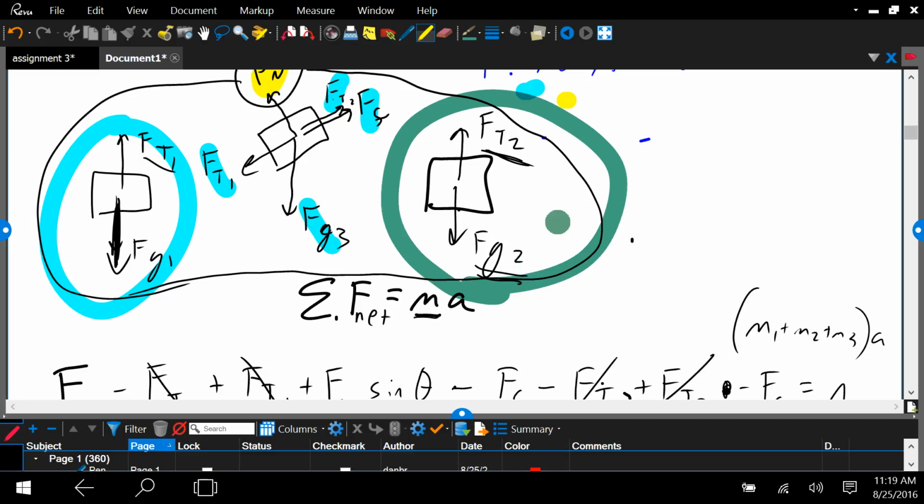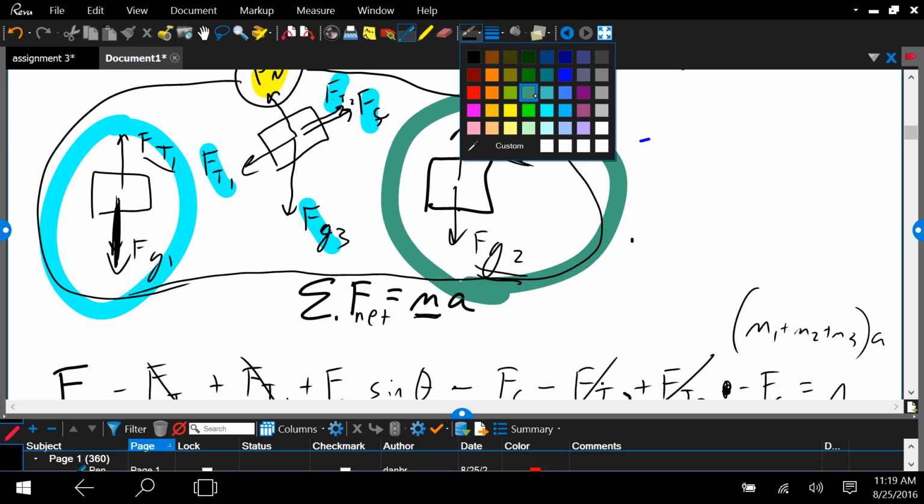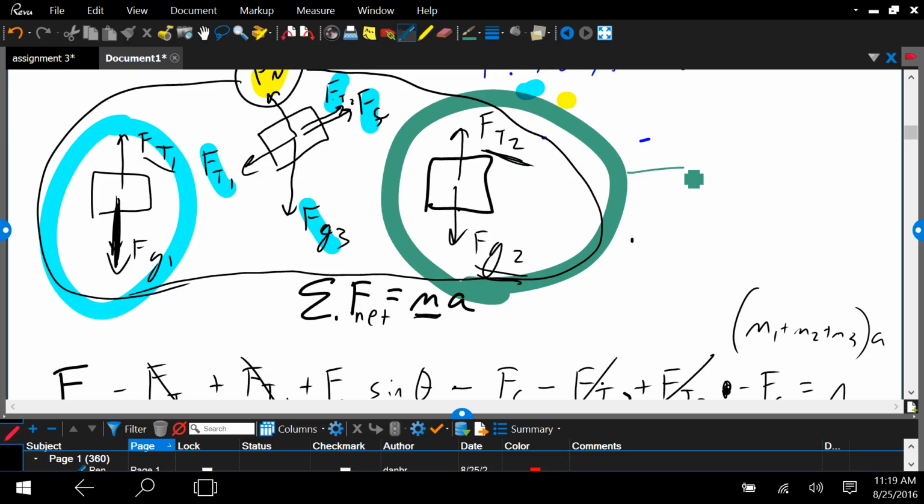And that's my system. And once I know A, I can just write down this really quick little equation here. And I can say for this little box right here, that force of tension 2, that's positive, minus force of gravity 2 is equal to just m2a. So A is going to be found from the equation we have below. So that's going to be known.